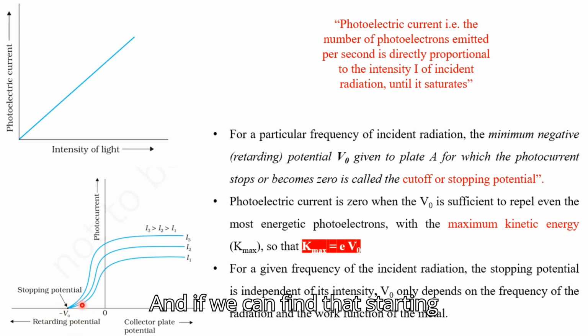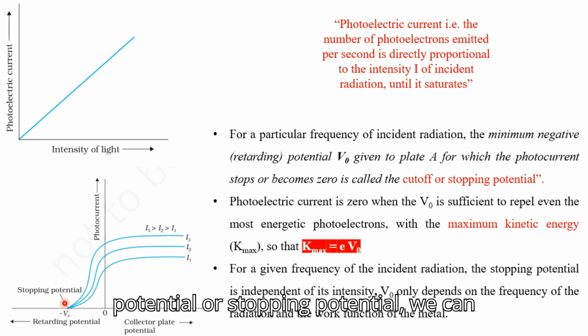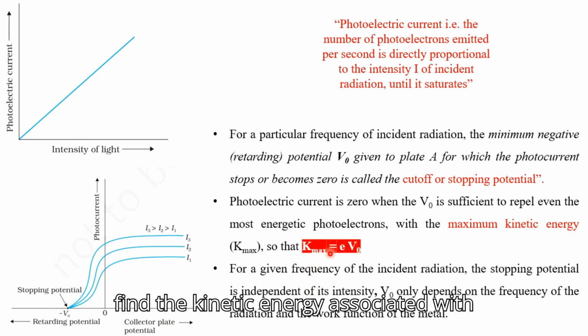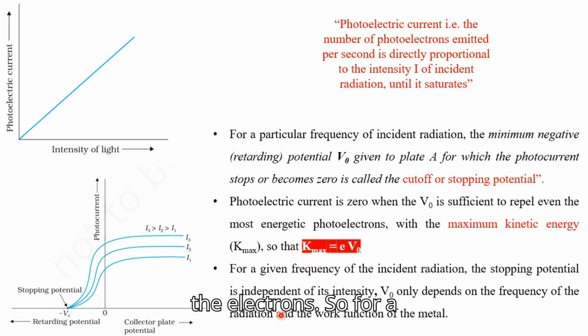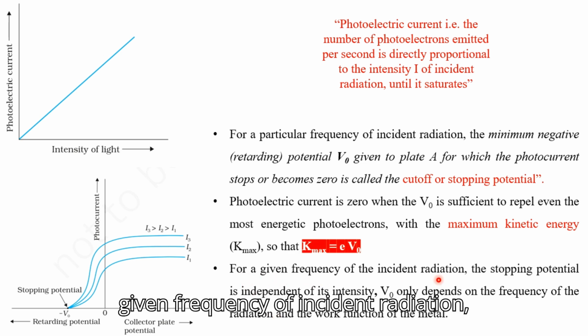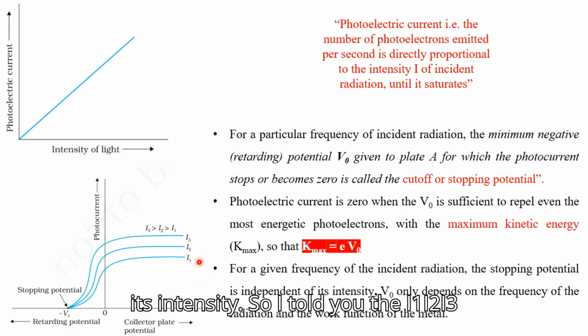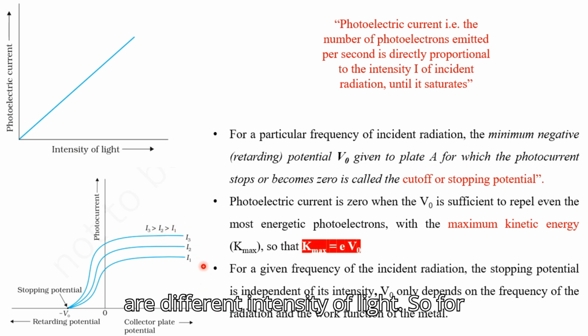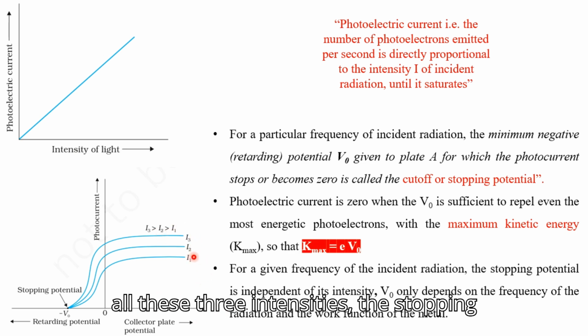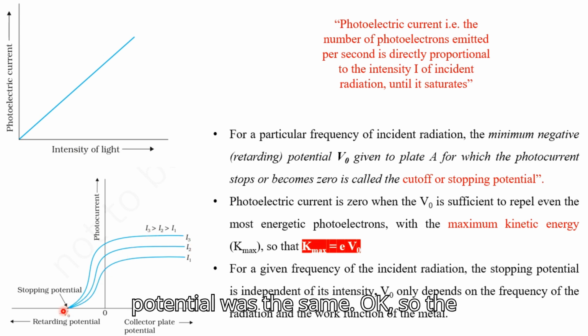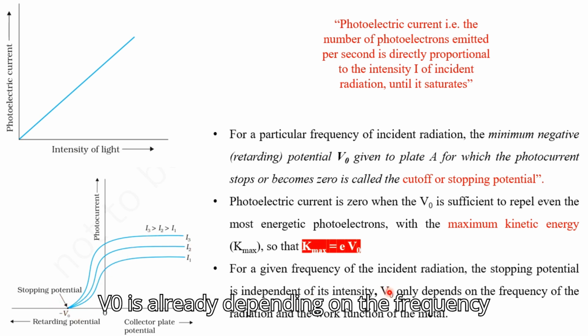And if we can find that retarding or stopping potential, we can find the kinetic energy associated with the electrons. So for a given frequency of incident radiation, the stopping potential is independent of its intensity. I told you I1, I2, I3 are different intensities of light, and for all three intensities the stopping potential was the same. So V0 depends on the frequency of the radiation.